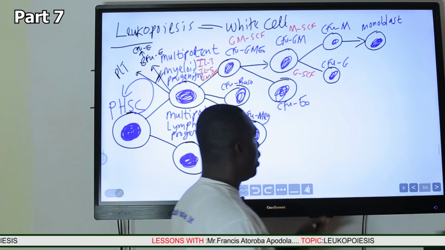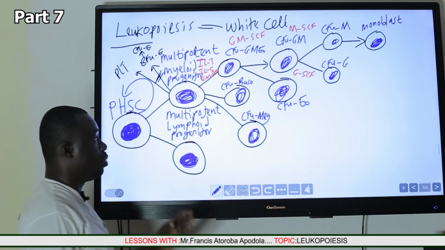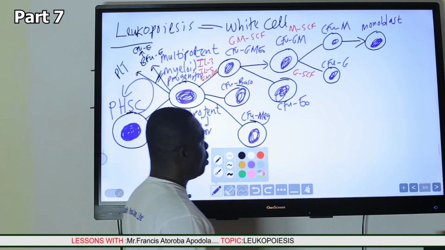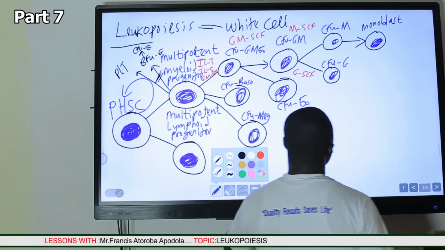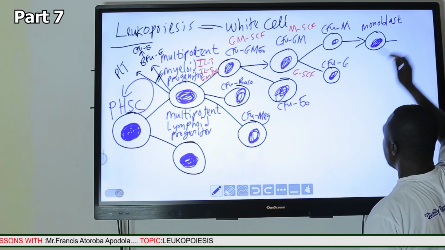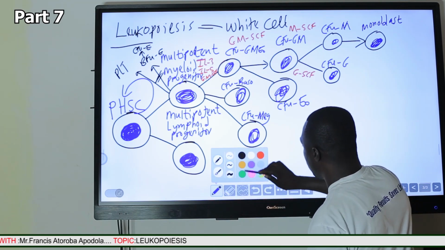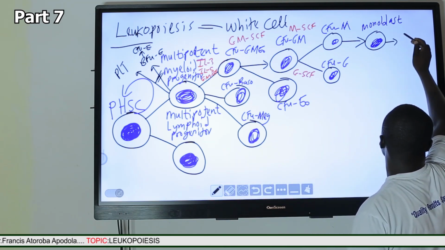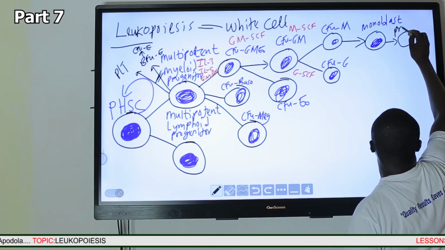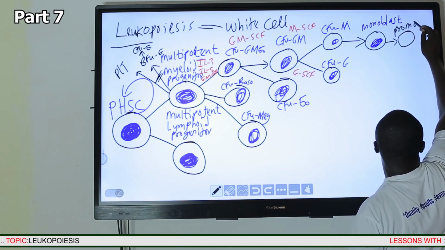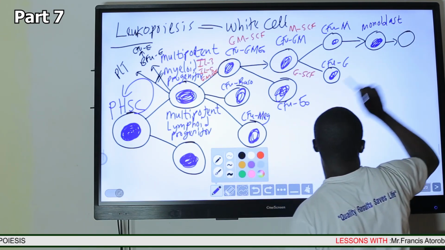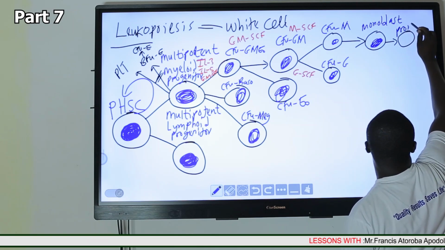So this is our first precursor cell, the monoblast. Then this cell will undergo differentiation and proliferation, increase in number, to give rise to what is called the promonocyte.